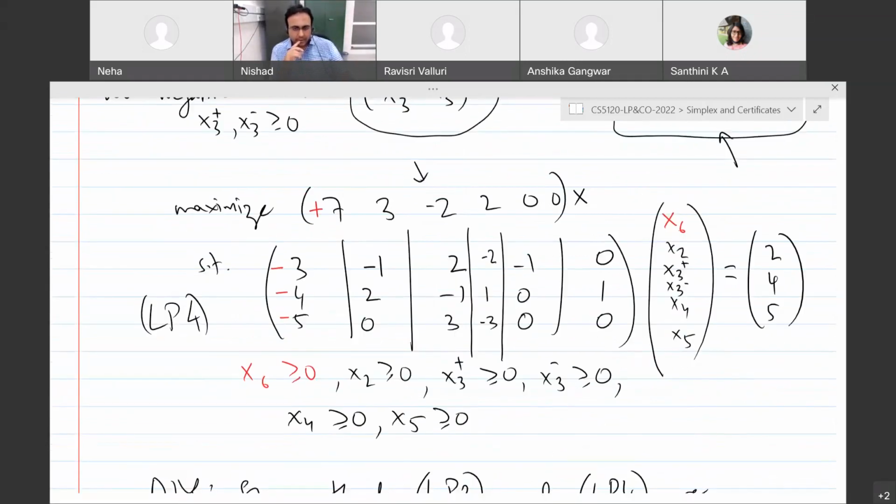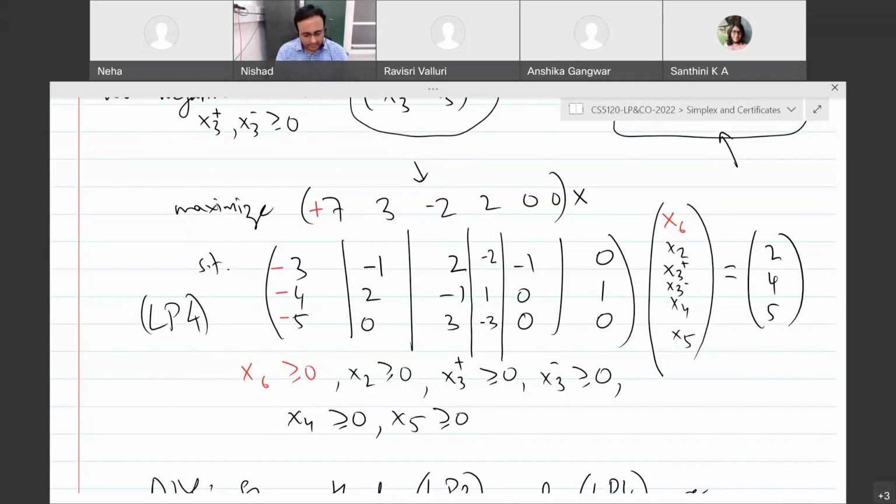So in other words, if you solve the standard equality form linear program, you also solve the original linear program. You can also get an optimal solution to the original if there is an optimal solution. So from now on, we are going to focus on linear programs written in the standard equality form.